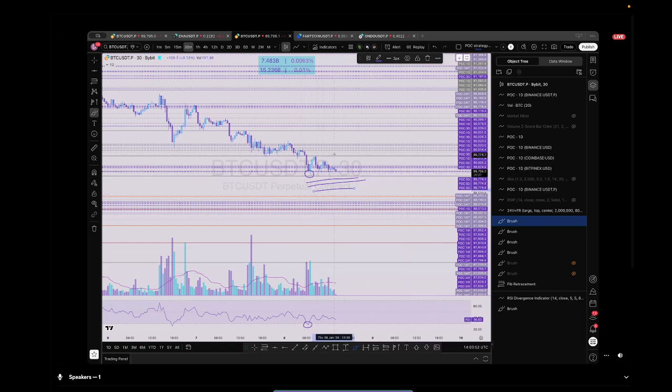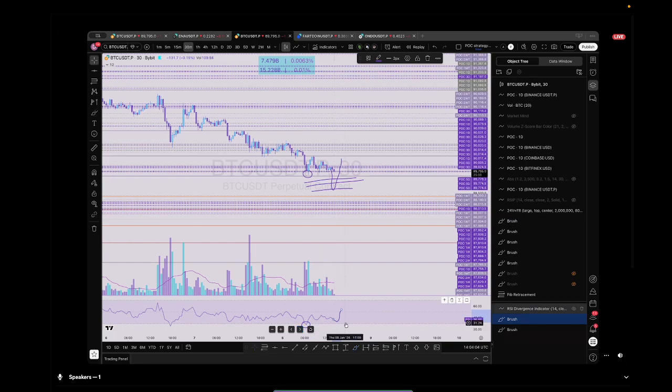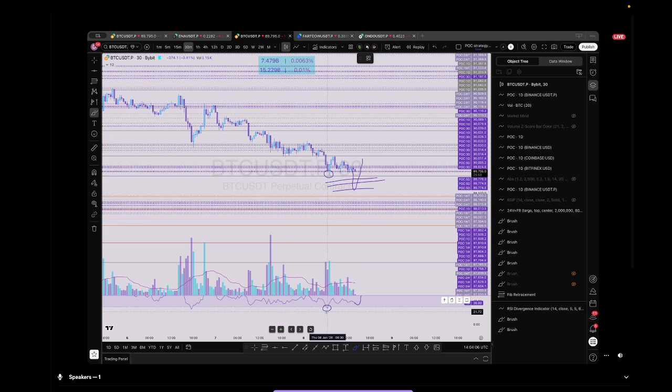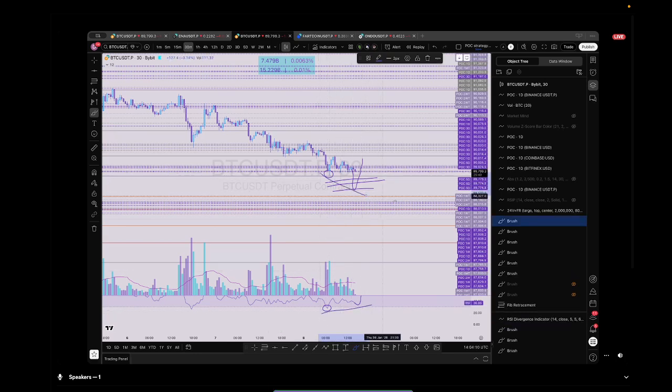And then we need the price to make a lower low so that it hits our orders, while the RSI makes a higher low. So we have this kind of formation, and that's our signal we can enter a trade.